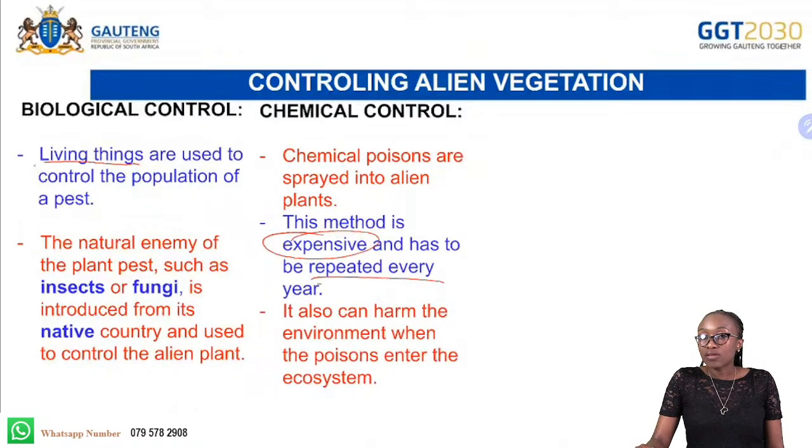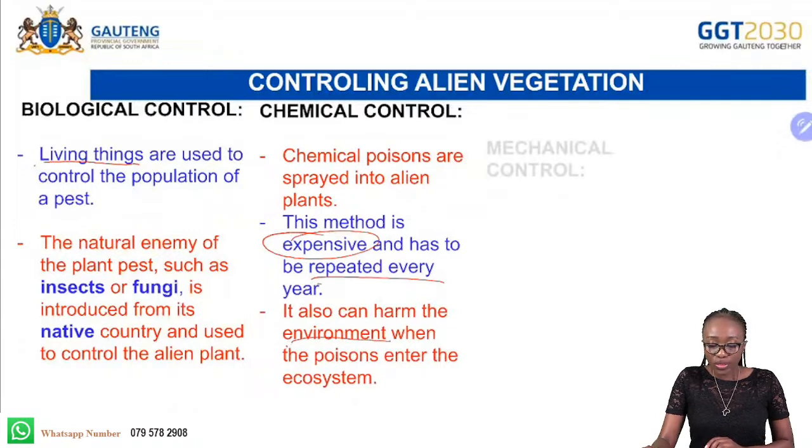And another disadvantage is that it can also harm the environment, because introducing chemical poisons in the environment is not only going to harm the alien plant, but it will harm all the other plants in the area as well as poison the water as the chemicals get into the water.